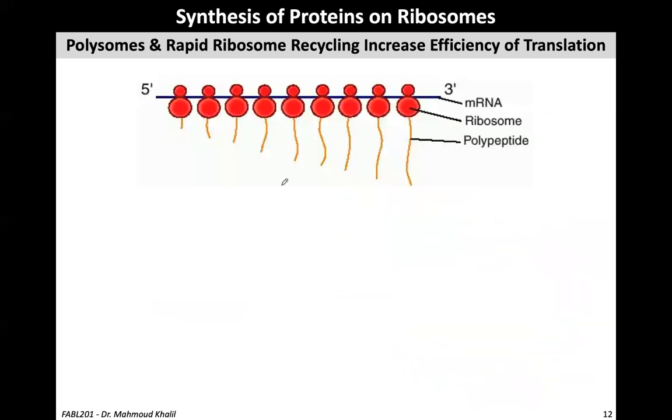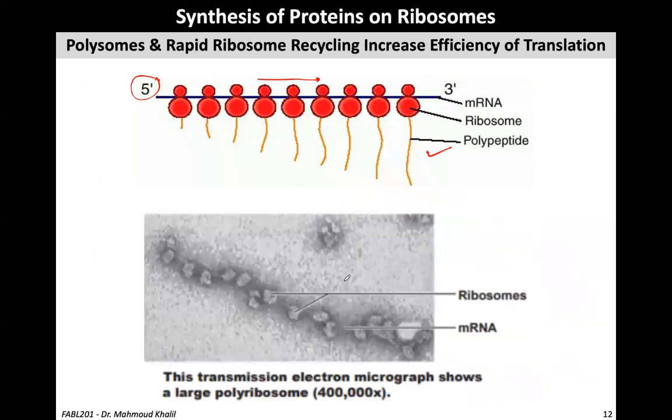And you can see here, this is a very good illustration. Starting from the 5 prime end, which is the start of the messenger RNA, you can see that the ribosome moves, actually the ribosome which is translocated, moves in this way in order to terminate the process of translation. And you can see under the transmission electron microscope, this is the real image under the TEM, showing that multiple ribosomes can bind to the messenger RNA.